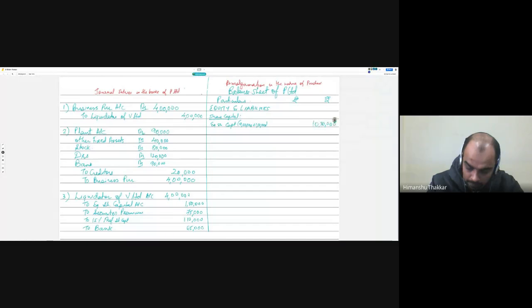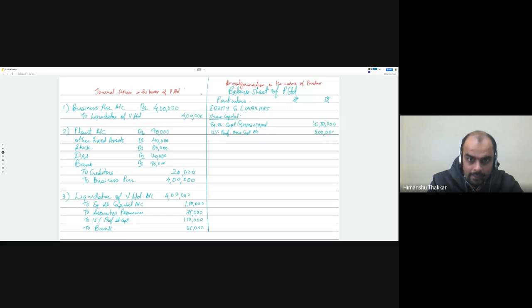Then comes 12%. In case you want to show working notes, that's fine. You can show it. But when the sum is of 14 marks and you have already done so much of it in the sum, you're not expected to prepare a standard balance sheet. A simple balance sheet will do. 12%, that is the existing preference shares of P, right?